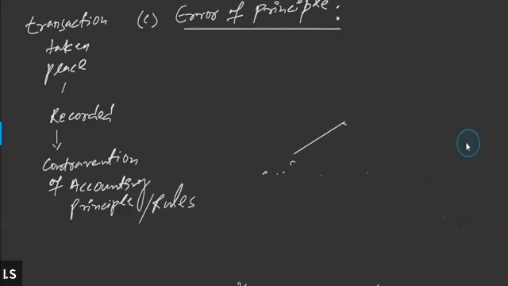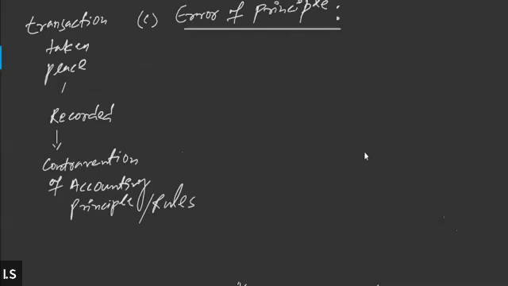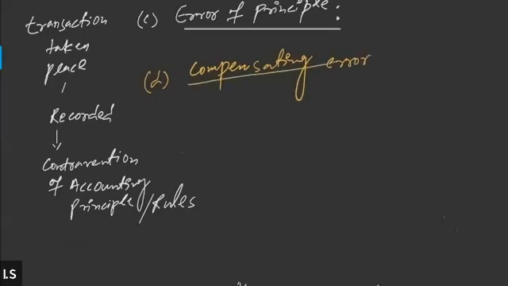So these are the three types of error we have, and apart from this, we have one more error, which is called the compensating error. Compensating error, as the name suggests, is such kind of error that compensates the other mistake. If one mistake is compensating the other mistake, then it will be called the compensating error.